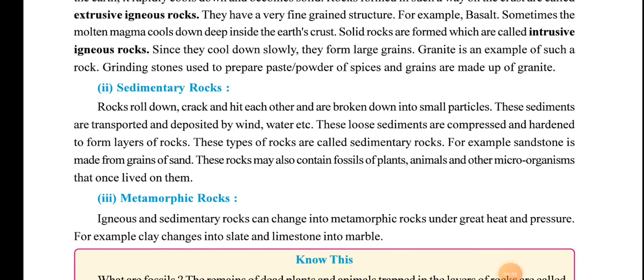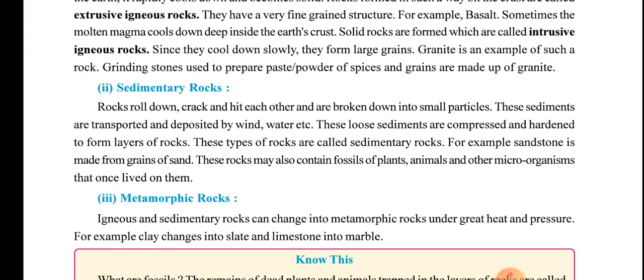Now sedimentary rocks. Rocks roll down, crack and hit each other, and are broken down into small particles.